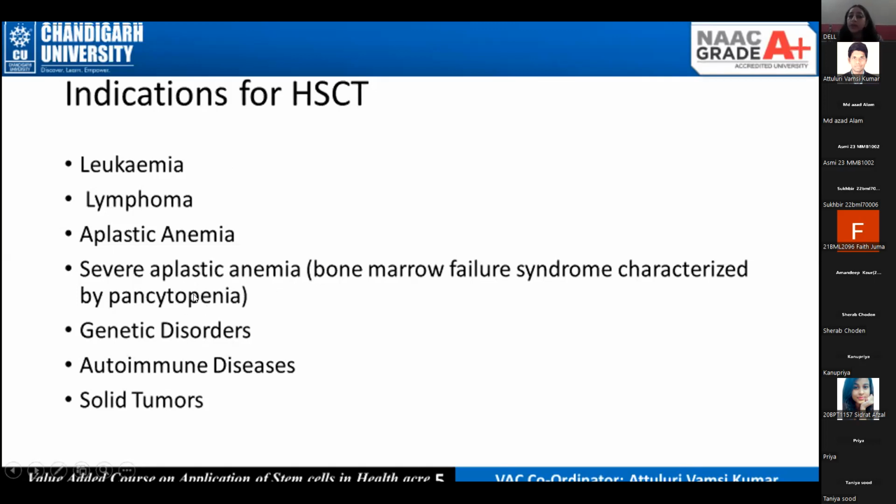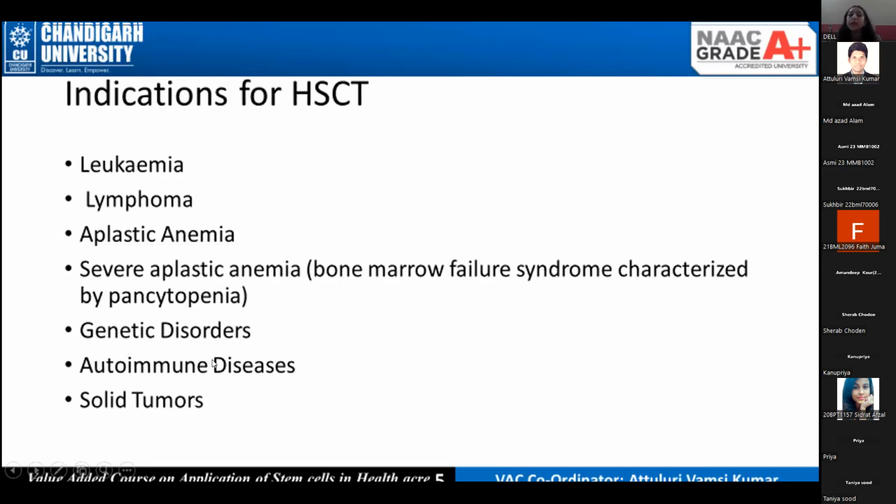In pancytopenia, all the blood cells like RBCs, WBCs, and platelets are reduced in number. In that condition, we also infuse hematopoietic stem cells from the donor to the recipient.